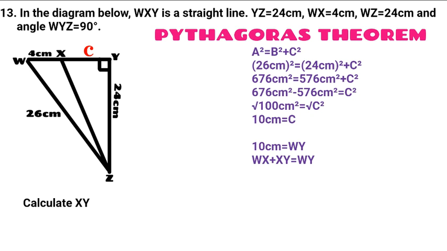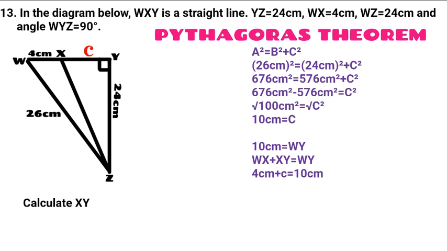So what is the value of WX? It is 4 centimeter, which I'm going to write there, then added to the value of XY. XY is not given, but it's represented by C, so I write 4 centimeter plus C. The sum of those two distances is equal to WY, which is 10 centimeter.